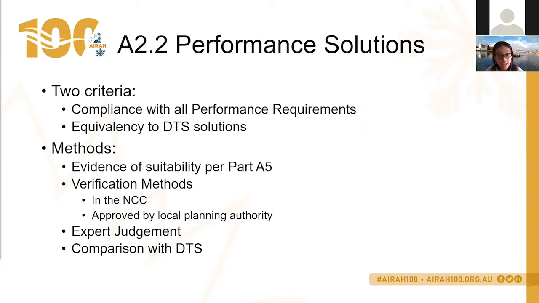The third type of performance solution is expert judgment. That's where you can actually employ someone who is a recognized expert in the field. And I would counsel you and advise you to check in with your local planning authority or your jurisdiction just to confirm that the expert that you're planning to use is considered an expert according to the construction code.